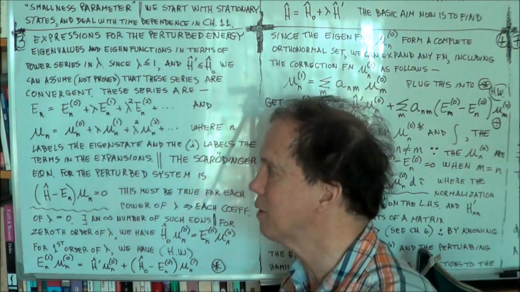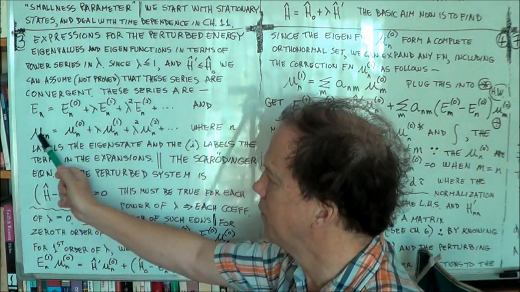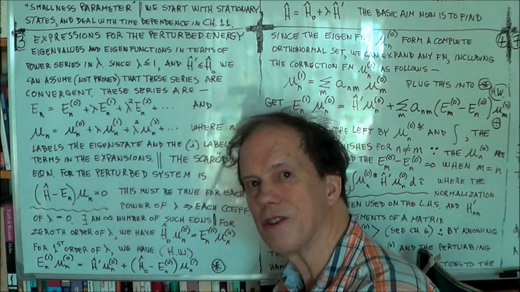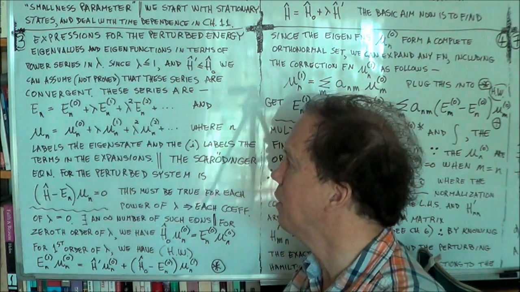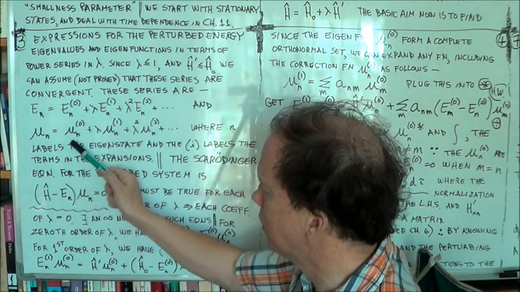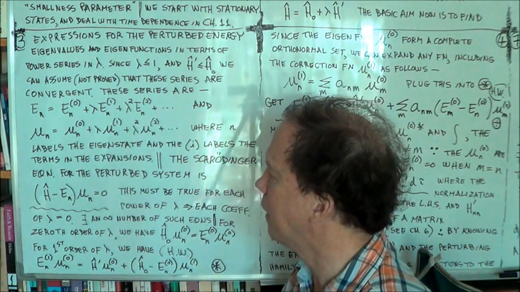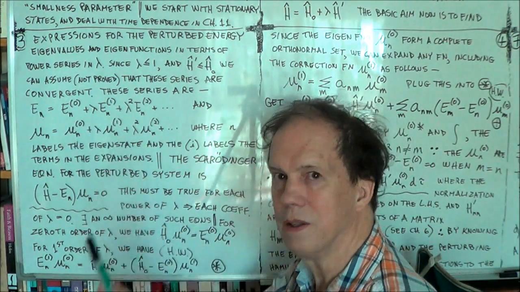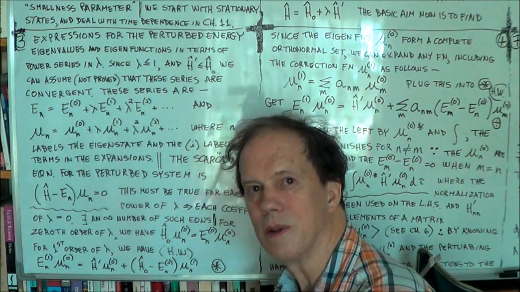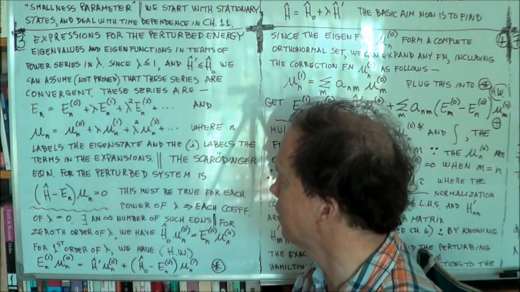The eigenstates, they're the solutions for the system that does have the extra term added to the Hamiltonian. And it too, you assume, can be expanded in terms of the basic part, and hopefully these solutions are exactly solved, and so it makes life easier for calculations.